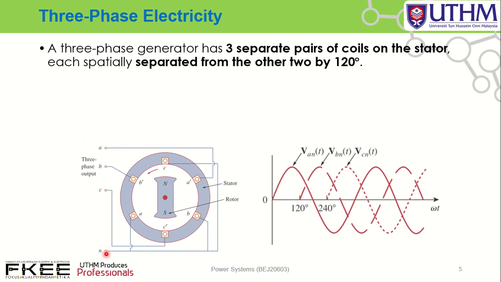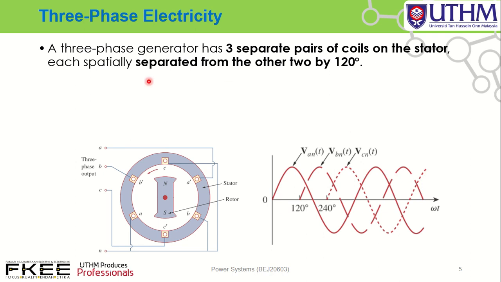In terms of voltage waveform, for example, we call the voltage between line A and the neutral line, this is A, this is A prime. The line A to the neutral point, we call VAN. This is VAN, this is VBN, which is B compared to the neutral line, and this is VCN.